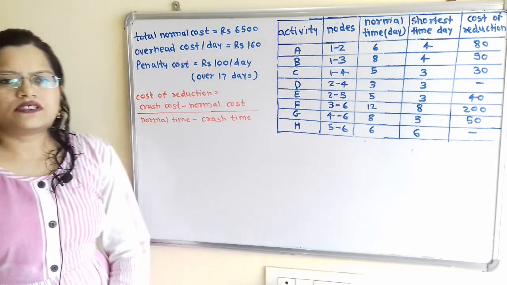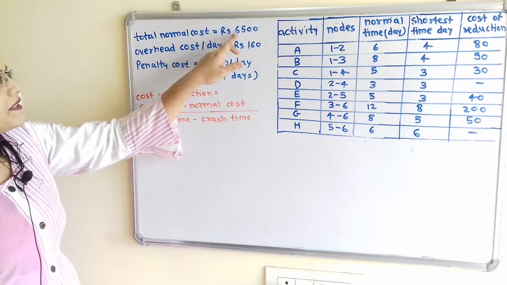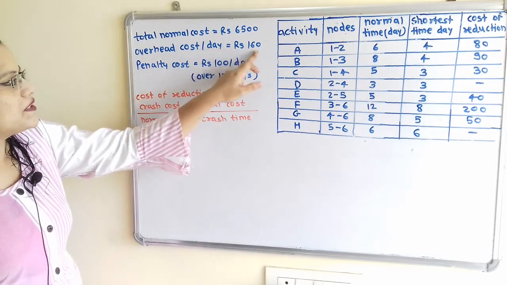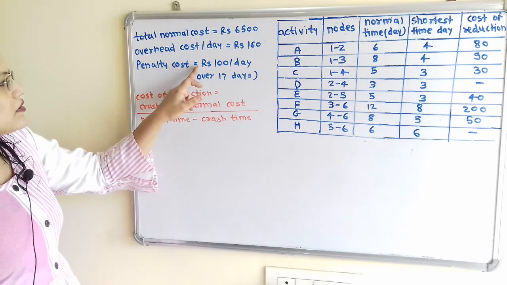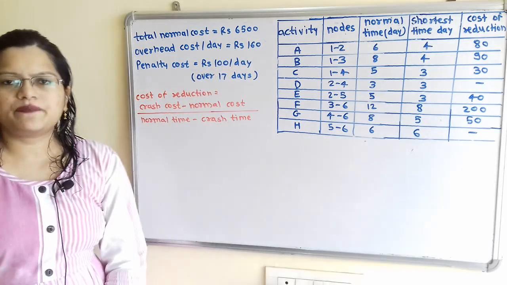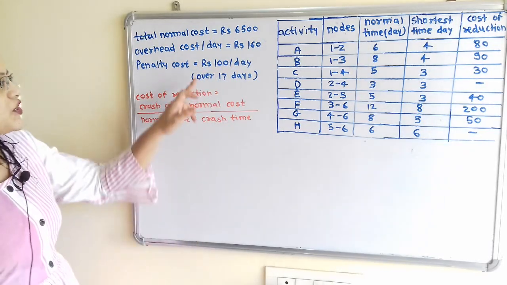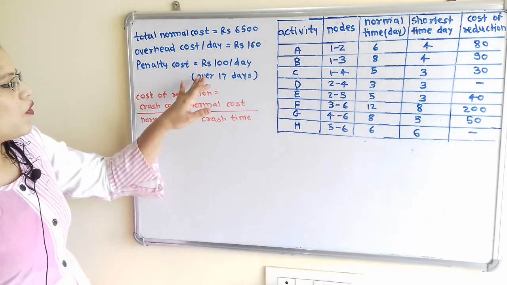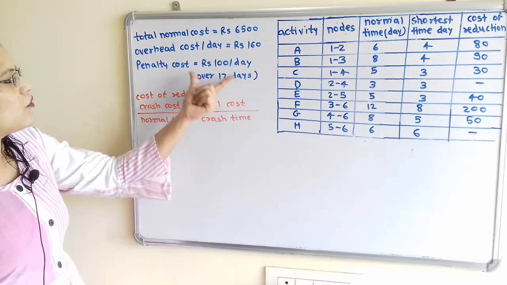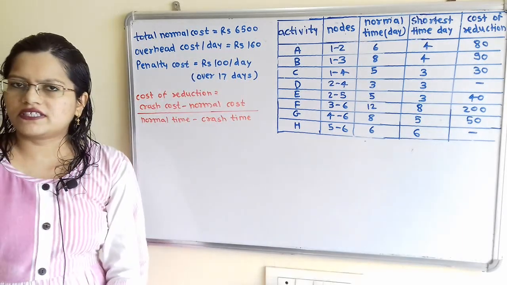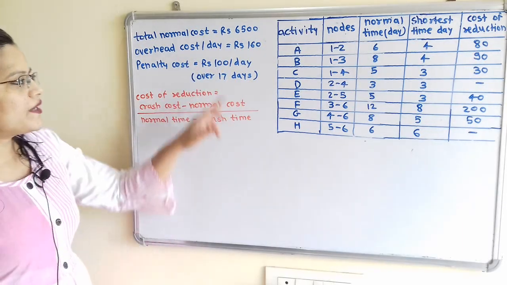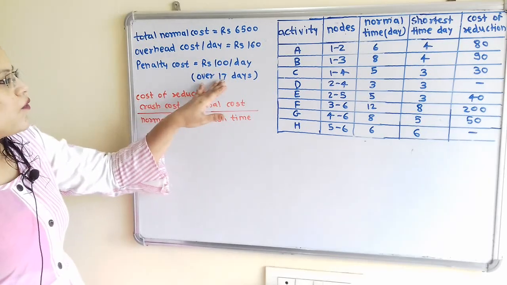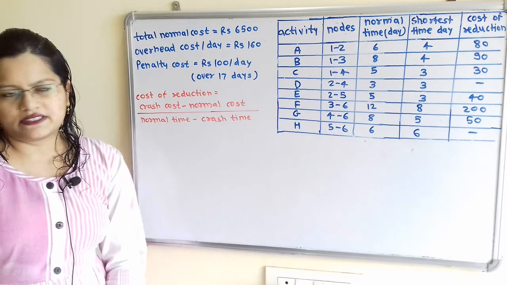The total normal cost mentioned in the question is rupees 6,500, overhead cost per day rupees 160, and penalty cost rupees 100 per day, but with the condition that only when the project time is over 17 days is this penalty cost applied.